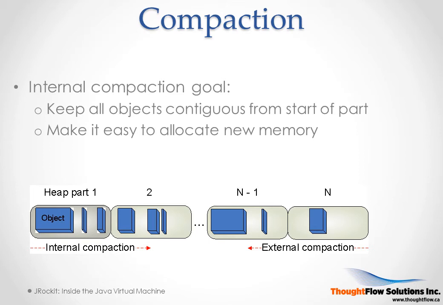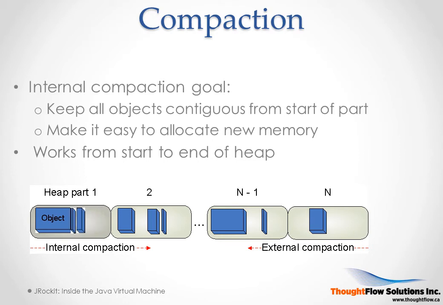In that case, memory is just allocated from the end of that block, or the end of the actual last object of that block, I should say. And it works from the start of the heap and goes on to the end. This is what it might look like when it compacts.